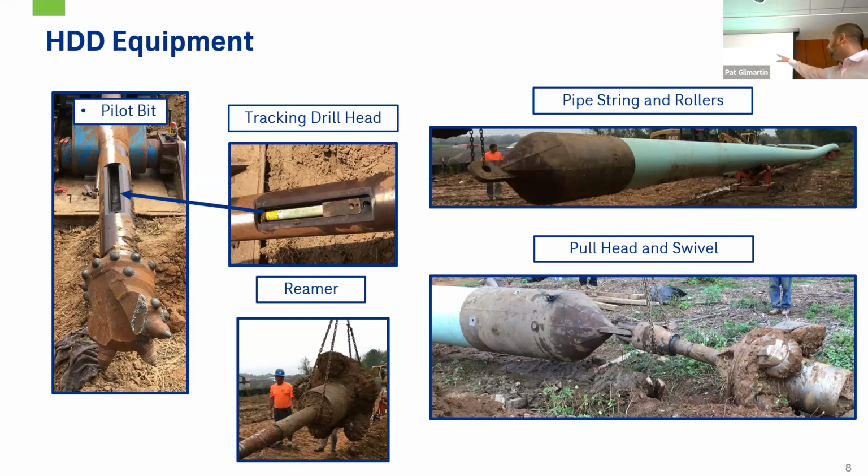And then your final configuration here with our pipe laid out, you can see the rollers that are more stationary and more typical of most HDD projects. The purpose of that is so that you keep the pipe off the ground so that you don't get rocks that gouge it. Typically, we try and keep those gouges to less than 5% of the pipe thickness in order for the long-term operation of the pipe to not have any issues.